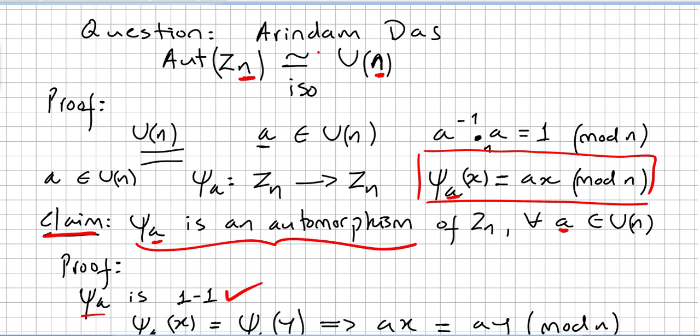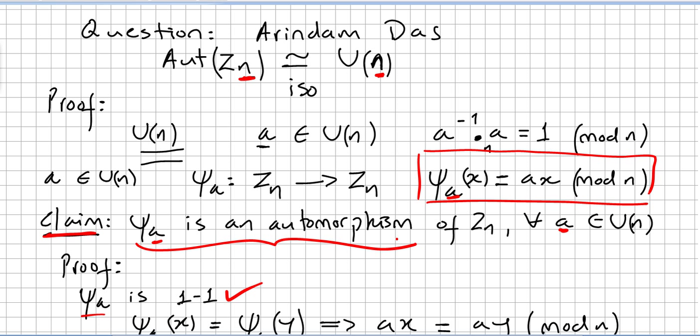What Arindam is asking is another thing: that any automorphism of Zn is isomorphic to the group of units. Any automorphism. We proved that psi of a is an automorphism. So now we are going to jump into a second step.